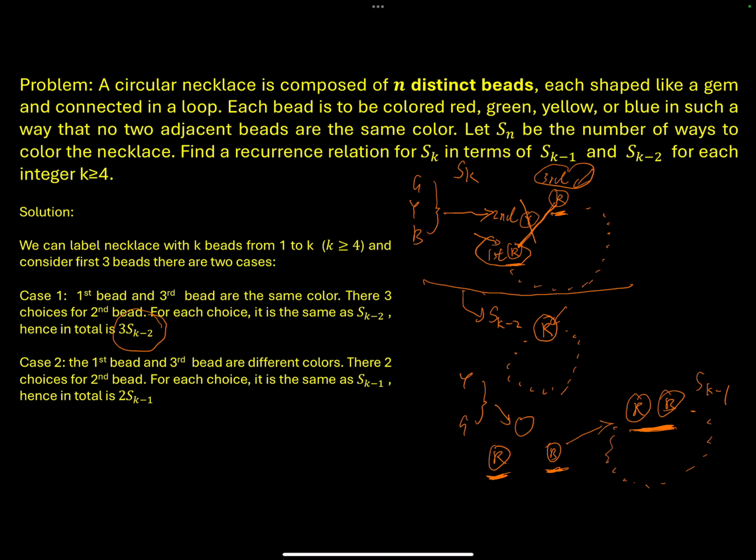Since we have two choices for the second bean, and for each choice the problem reduces to Sk minus 1, in total it is 2 times Sk minus 1. By combining these two cases together, we reach the final conclusion: Sk is equal to 2 times Sk minus 1 plus 3 times Sk minus 2. That is the solution to this question.